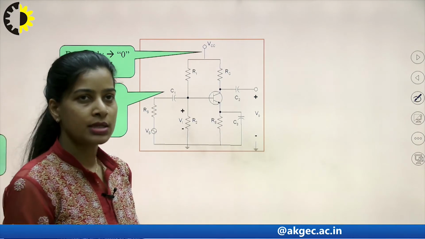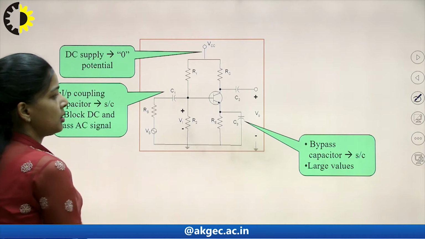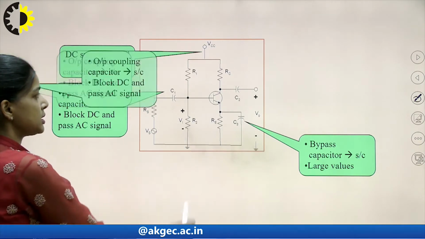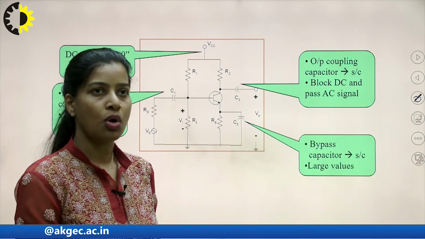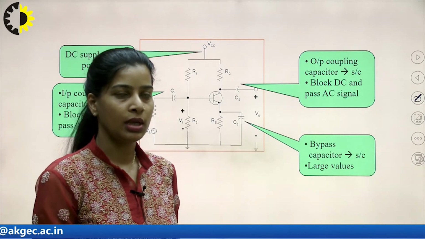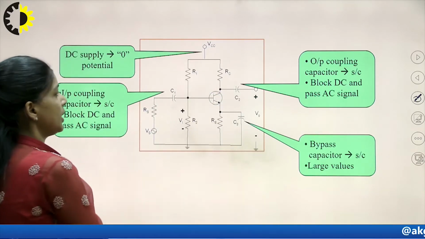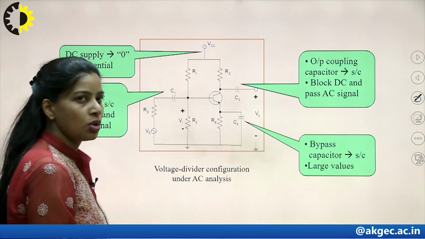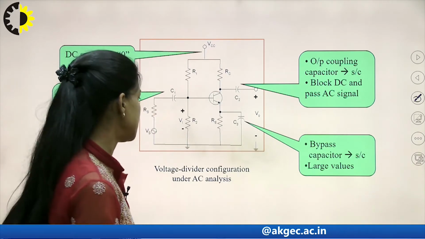The input coupling capacitor will be short circuited, the bypass capacitor will be short circuited, and this C2 capacitor will also be short circuited. So all the capacitors will be short circuited, and the supply will be grounded. By doing so we can convert it to its AC equivalent circuit.